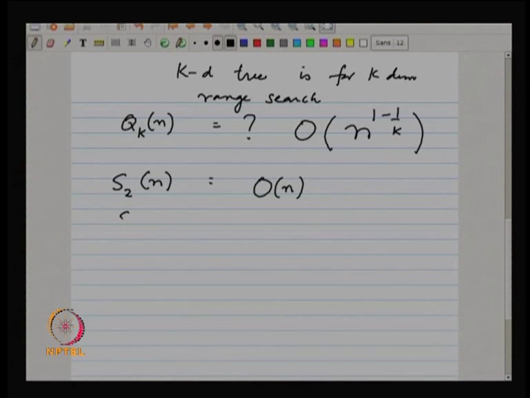And what do you think about k-dimensional? What changes? K by 2? No, how can the space be sublinear? The space has to be at least the number of points, right? You mean k times n?